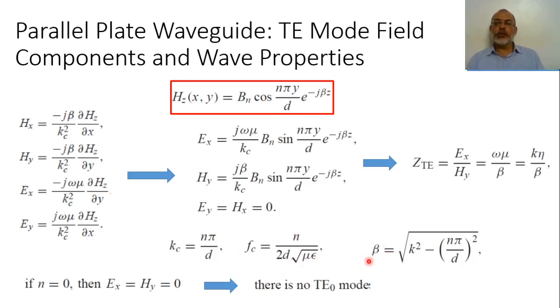The propagation constant beta equals square root of k squared minus (n pi over d) squared, which is Kc squared. And if n equals 0, then Ex and Hy equal 0. This means that there is no TE0 mode. So the starting mode for the TE mode is the TE1 mode. Okay.